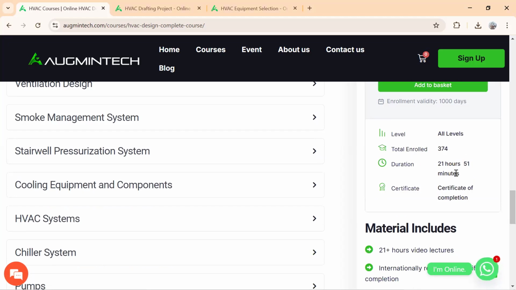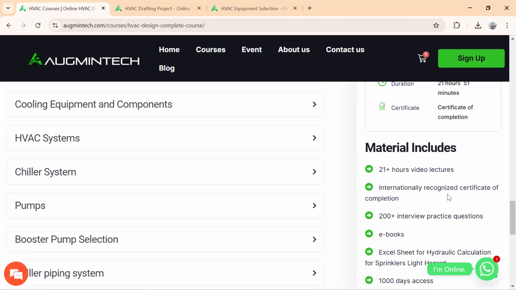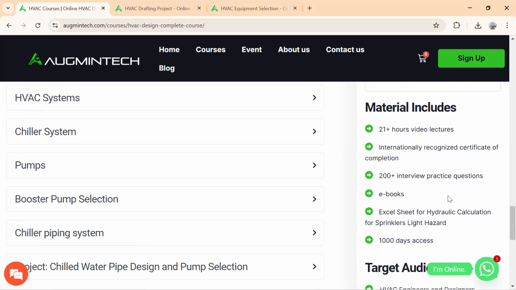If you combine all the courses, the total duration is near about 40 plus 40 hours, with lots of interview practice questions, the Excel sheets we are using, and software setup files. No one will give you the course for only $75, so please, if you are interested, go for that.